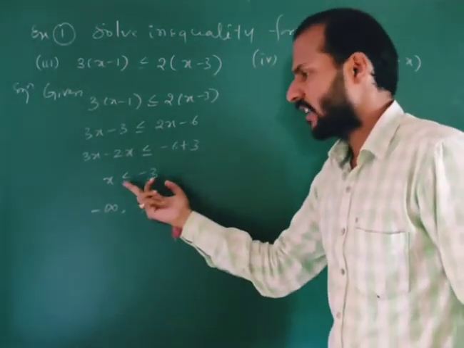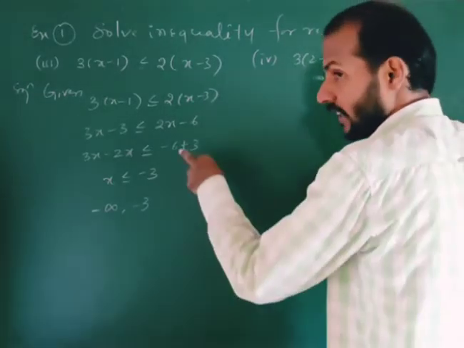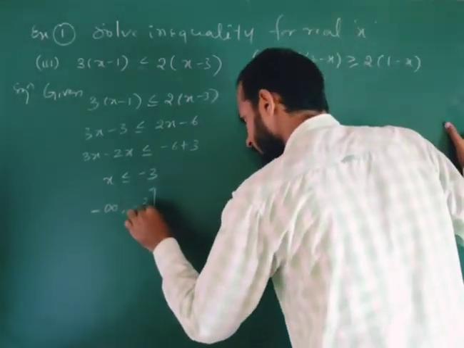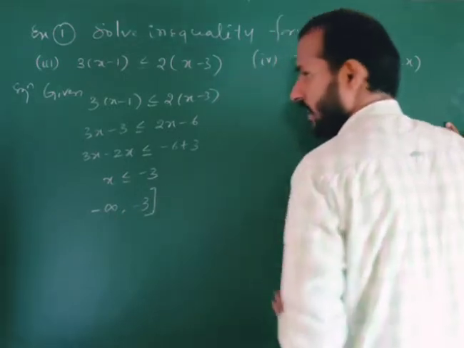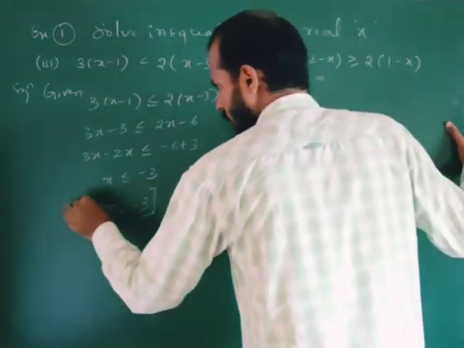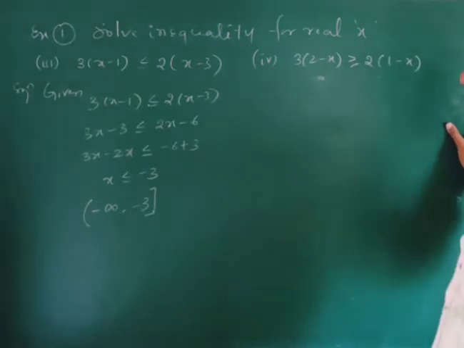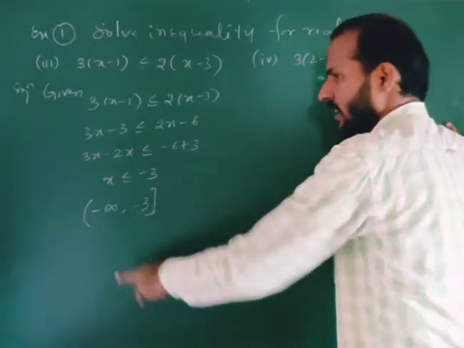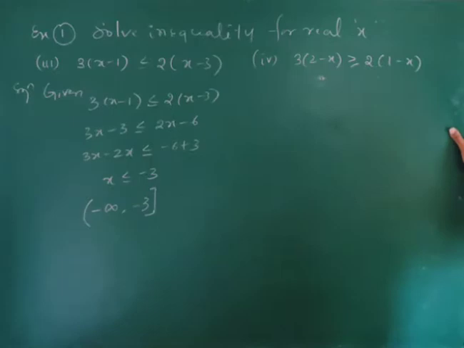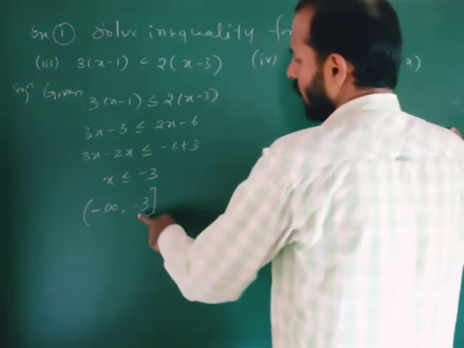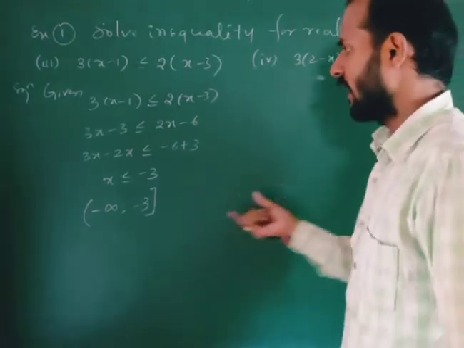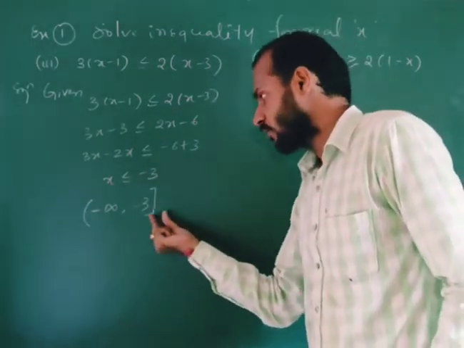Since the equal sign is there, x less than or equals to means we can write a closed interval here. From that side, open interval, we don't know. Excluding minus infinity, including minus 3, right? Minus infinity to minus 3, x is less than or equals to, including this one.